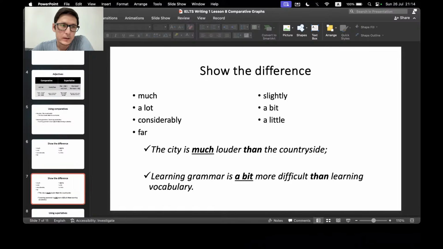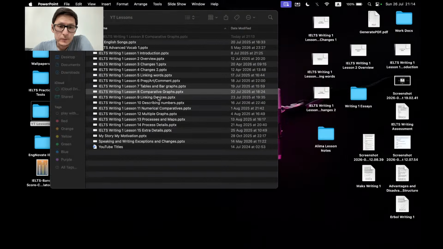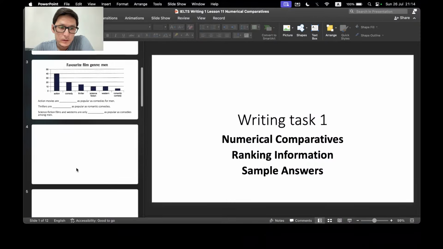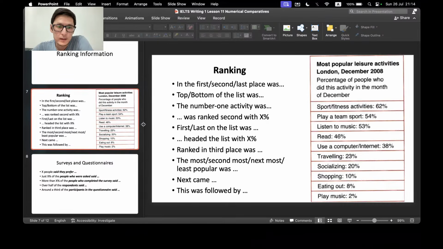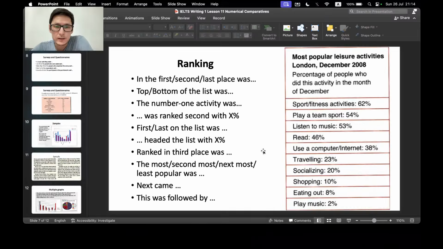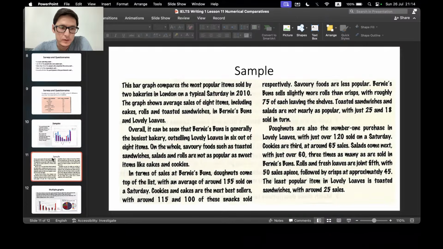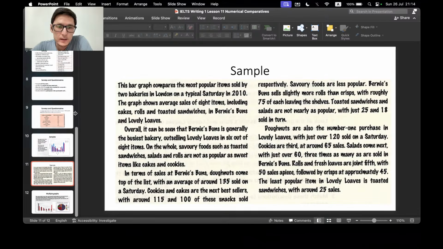Also, apart from that, you have to make a ranking. Number one was this with this number. Number two was this, or the second one was this with this percentage. Here you can see the sample.